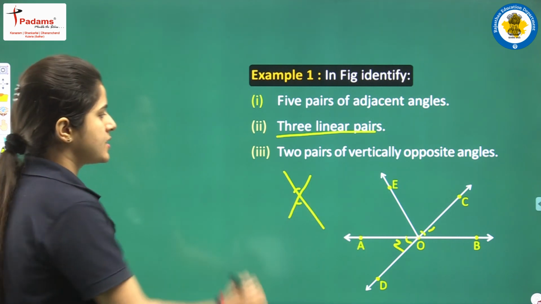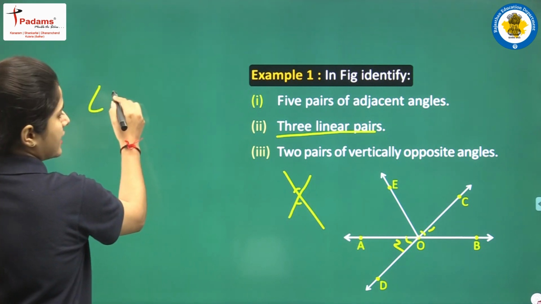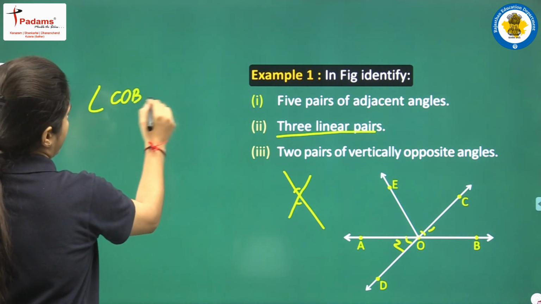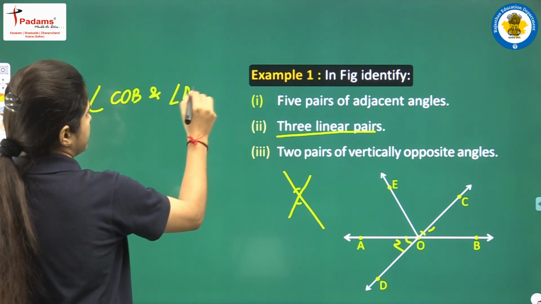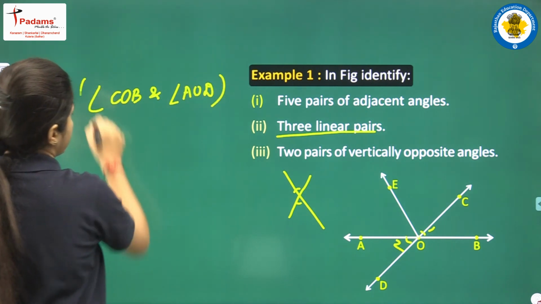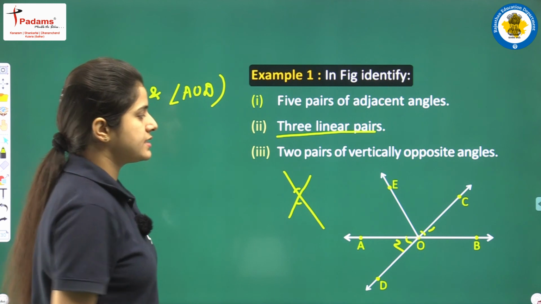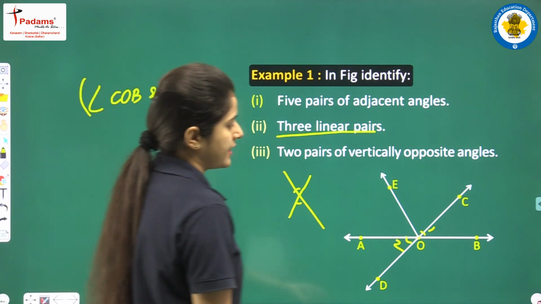So the first pair is angle COB and angle AOD. This is the first pair. The second pair, students, have a look at the next part. What is the next pair?